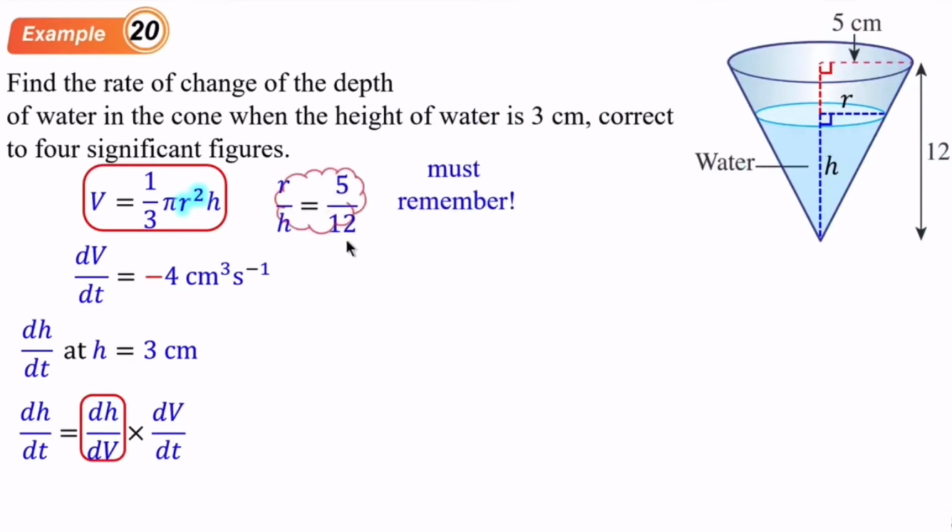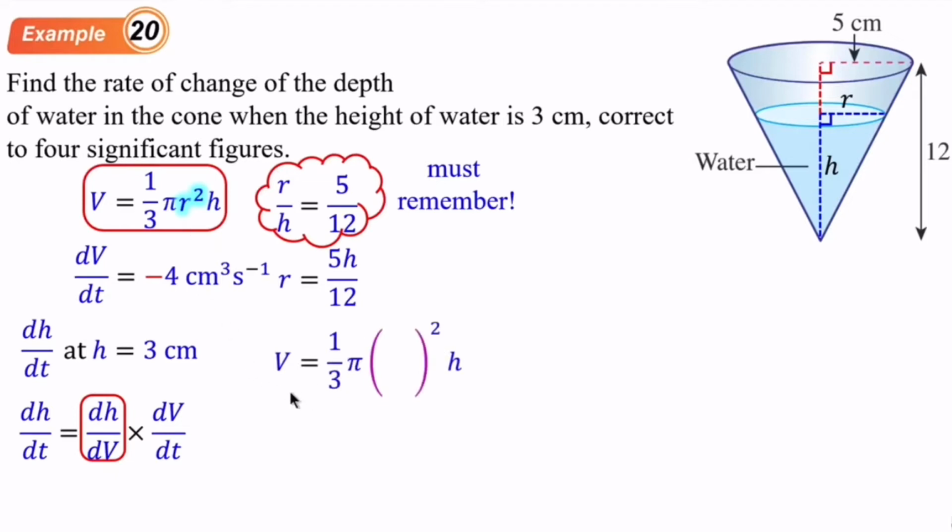So radius is 5 and the height of the cone is 12. This is an important point that you must remember. You have to find the ratio of r over h.